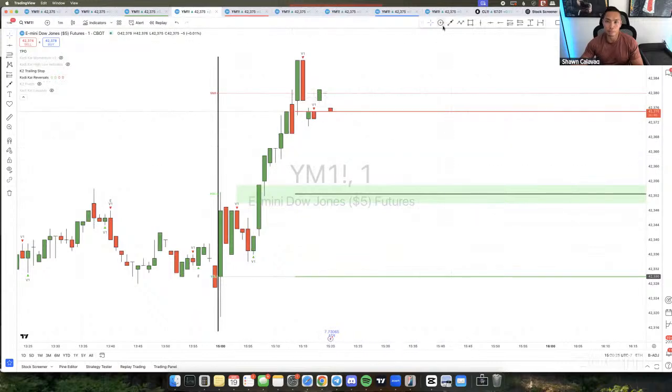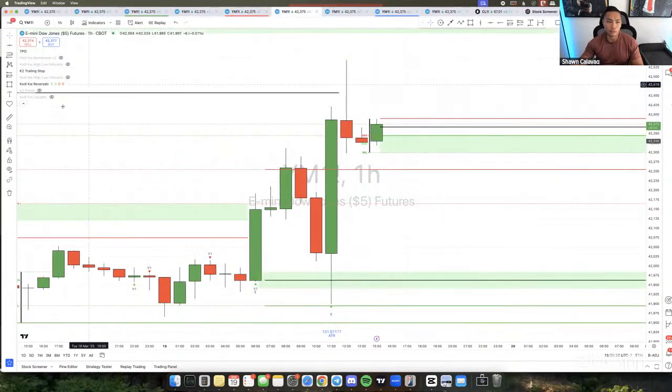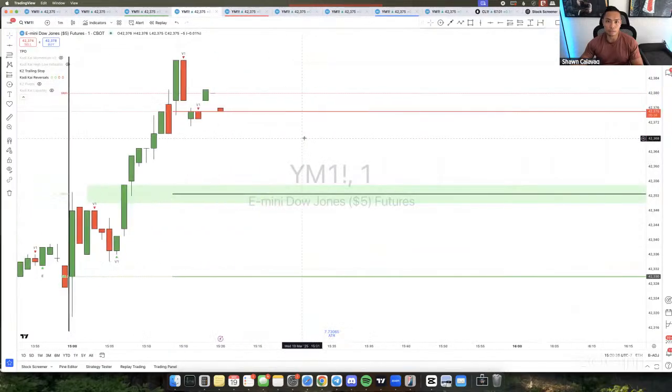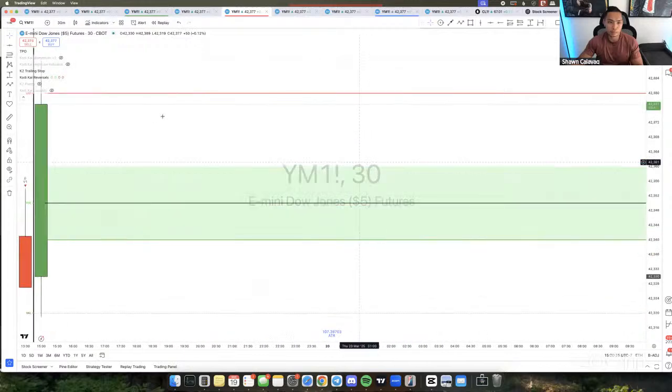If I have a nice bounce point here on the 1 minute, and I also have a bounce point over here on the 30 minute, and then I also have a bounce point here on the 1 hour, then in a situation like that, I'm like, okay, I'm for sure going to look for sells, right? Using this as an example right here, there's no bounce points right now, but if we do get a bounce point off the value high right here, I'm going to look at the 30 minute and I'm like, okay, perfect.